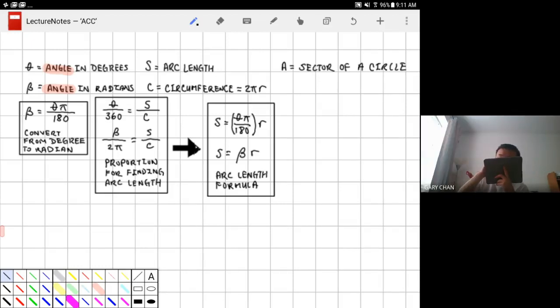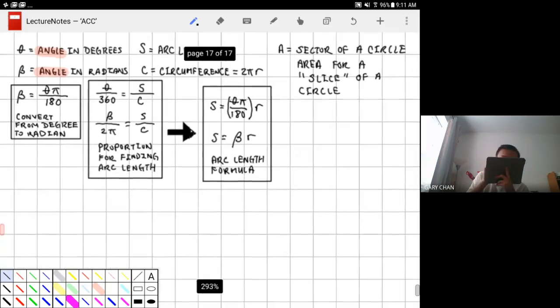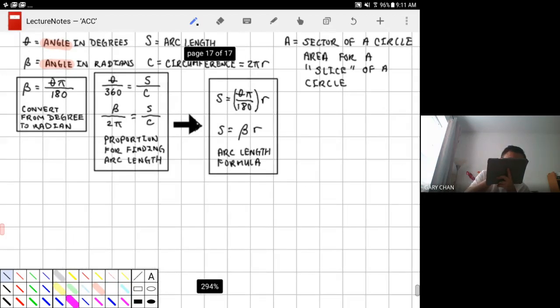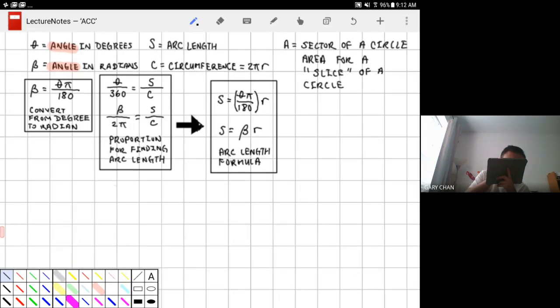So a sector of a circle is the area for a quote-unquote slice of a circle. And it was achieved in a very similar manner, through a set of proportions. I'm going to write that over here underneath the proportion for arc length, because it coincides with it.